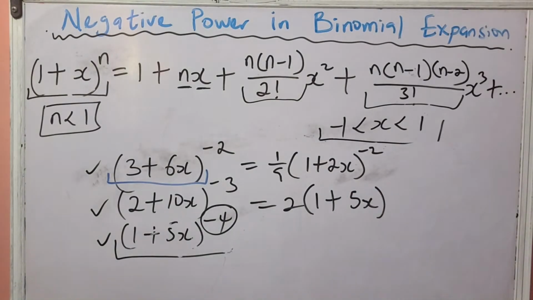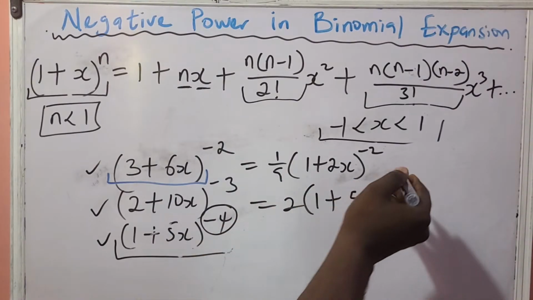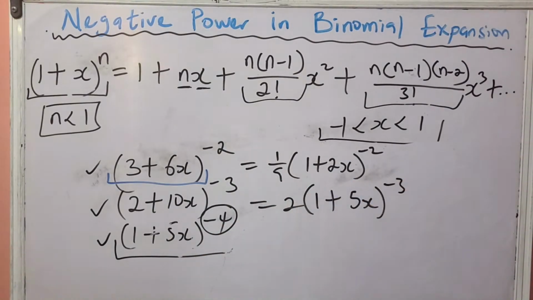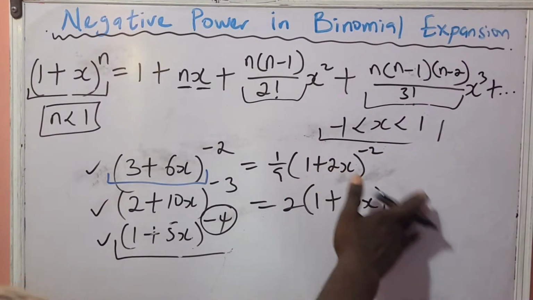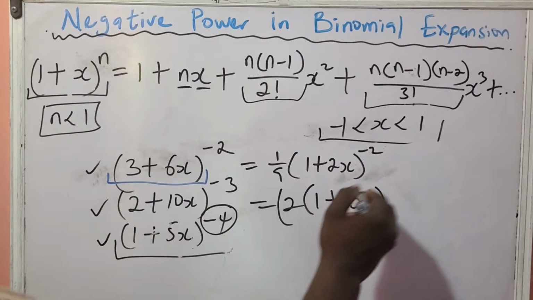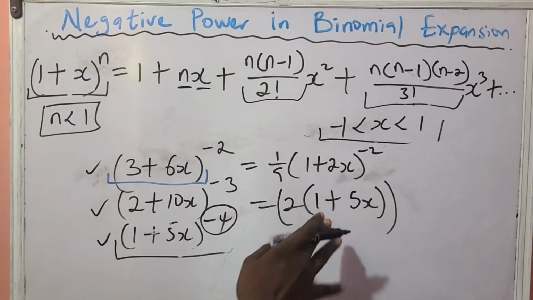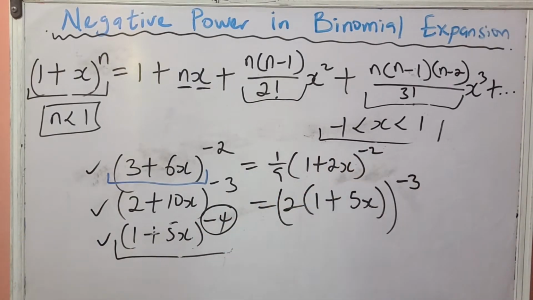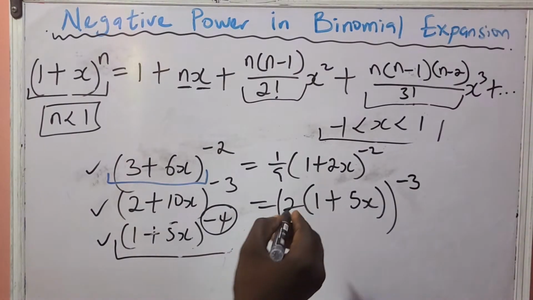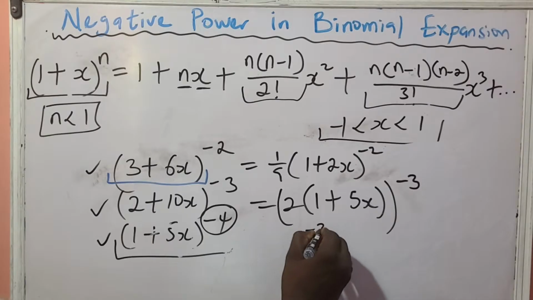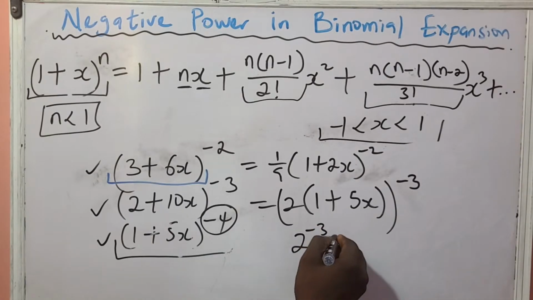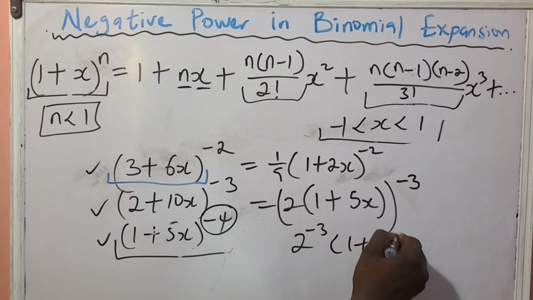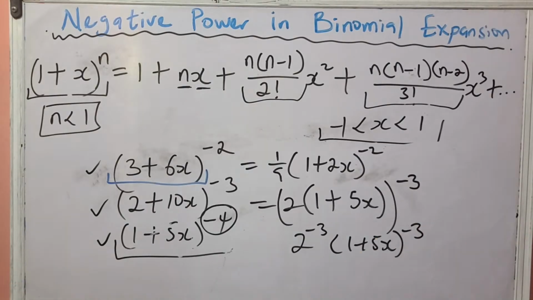Now, don't forget, I told you, you do not go on to write minus 3 here. That will be so wrong. You have to bring this whole thing into minus 3. All right? Now, this will obviously yield 2 raised to the power minus 3, then you have (1 plus 5x) raised to the power minus 3.